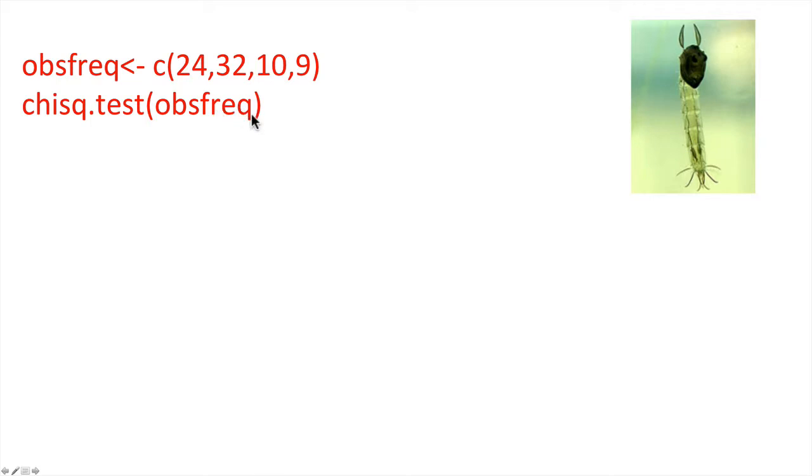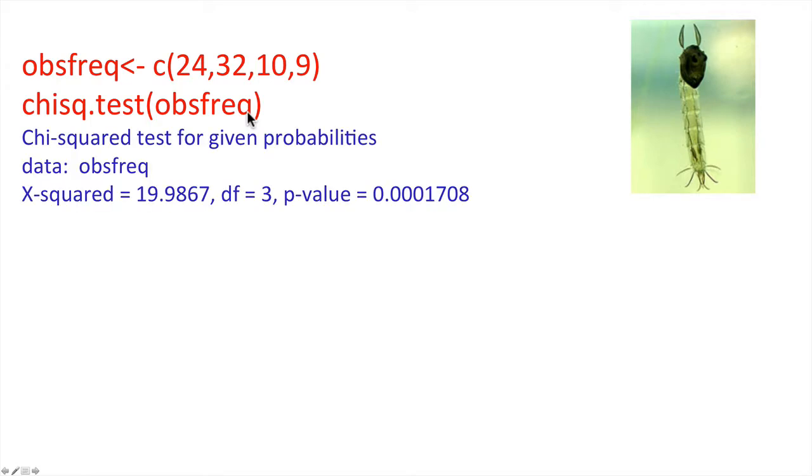So we simply put chisq.test of the observed frequencies, and we are then given the test statistic, which is 19.99, the degrees of freedom, and the probability of obtaining that test statistic or a more extreme one if the null hypothesis was true. It's really very small, so we reject the null hypothesis in this case.